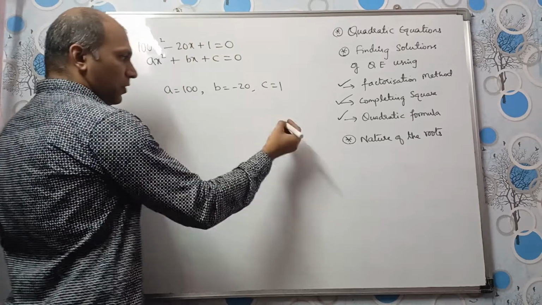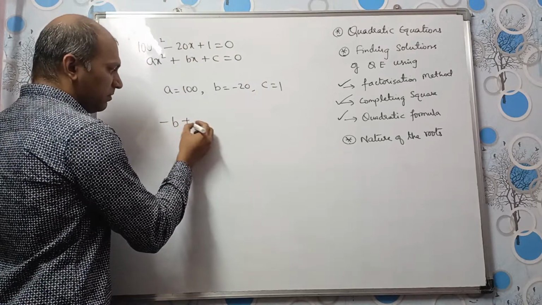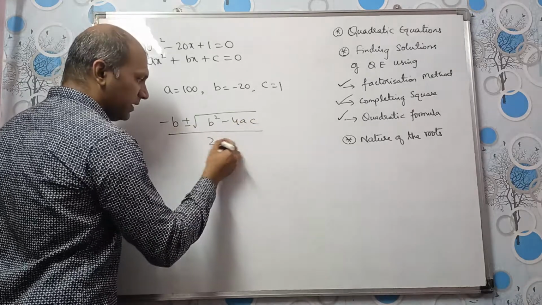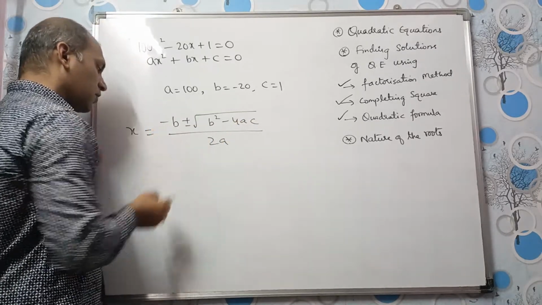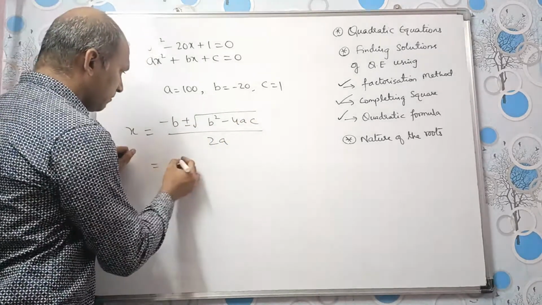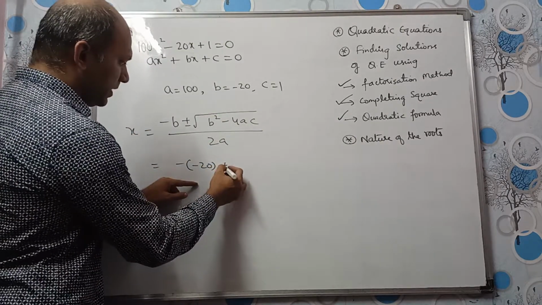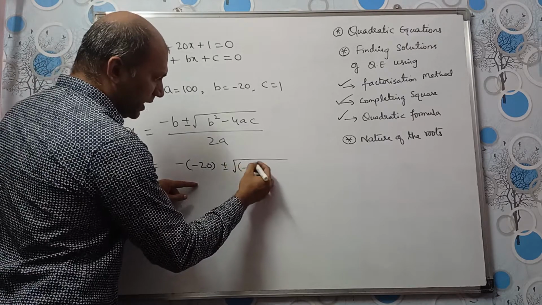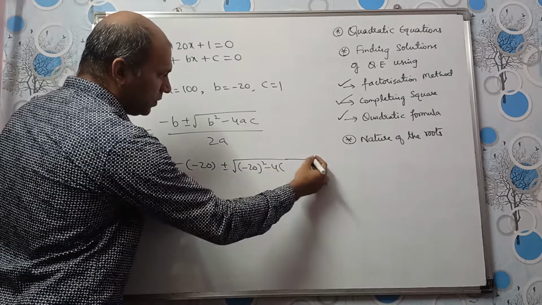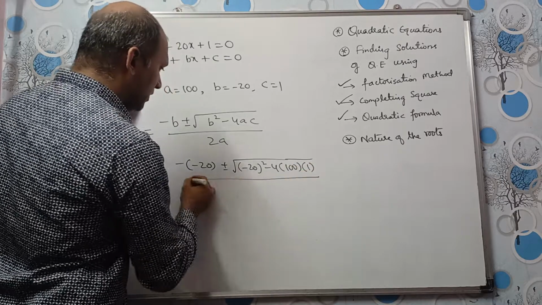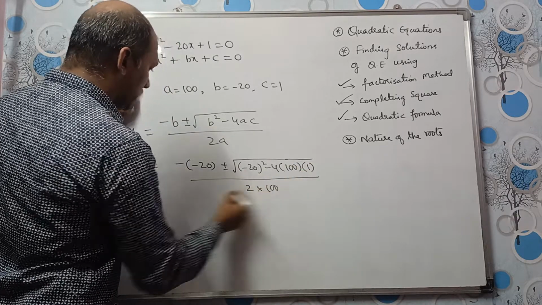The quadratic formula is minus b plus minus root of b square minus 4ac, divided by 2a. Using this formula, we can find the values of x, right? So minus b, b is minus 20, plus minus root of minus 20 whole square minus 4 into a into c, whole divided by 2 into a, 100.